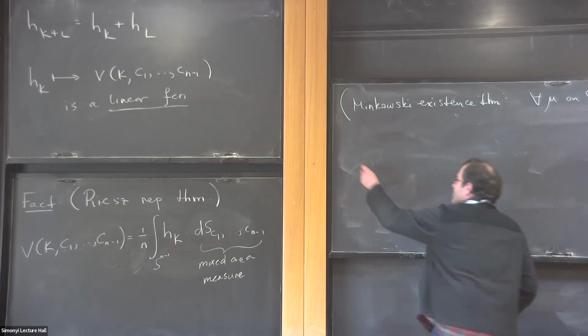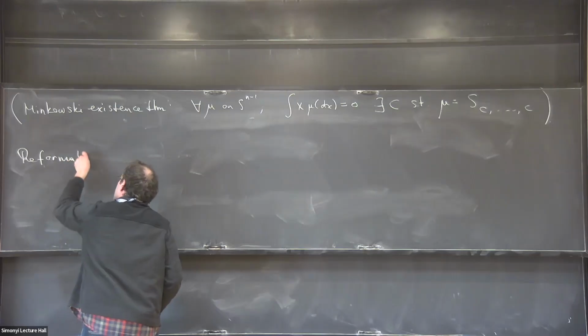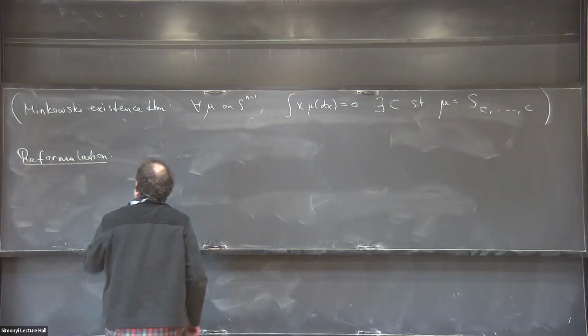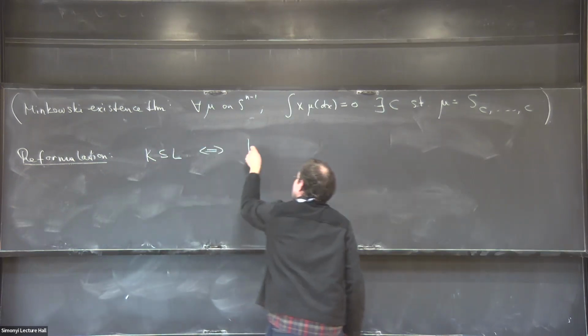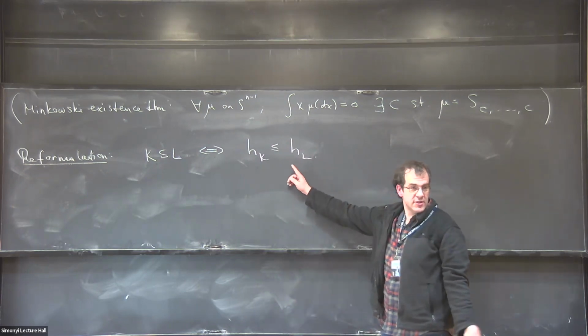Okay, so here's a reformulation of the problem. We haven't gained anything, okay? So what does it mean? Suppose that K is a subset of L. This is exactly the same as saying that HK is less or equal to HL pointwise. This is exactly the same statement.